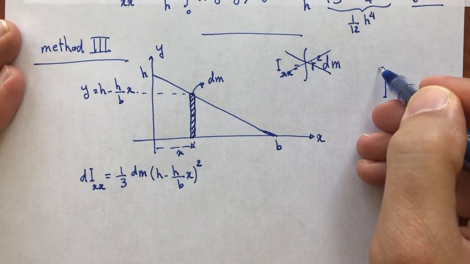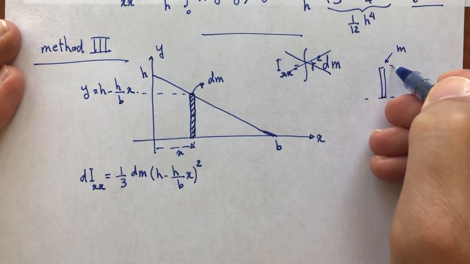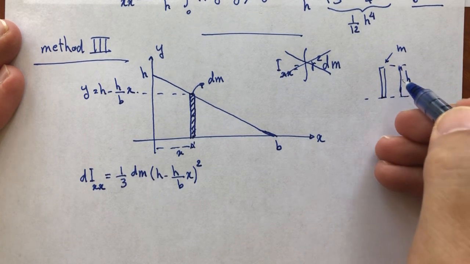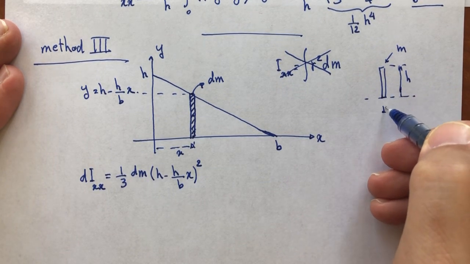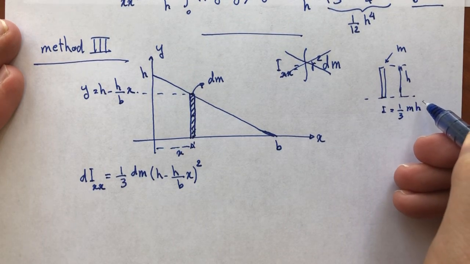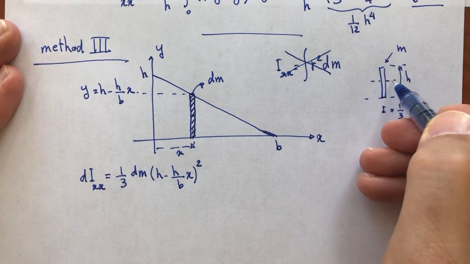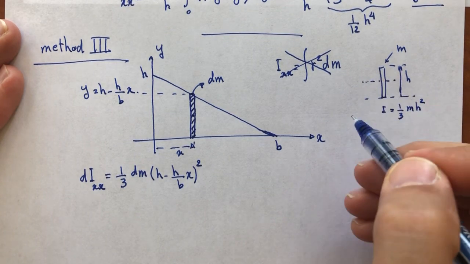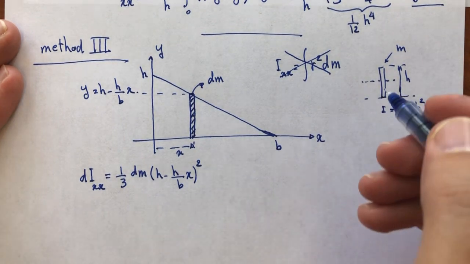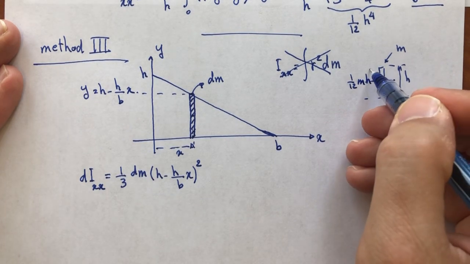We said whenever you have a rod with the mass of m and height of h, the mass moment of inertia about this axis is going to be 1/3 of mass times height squared. In the first example, we saw the mass moment of inertia of the same rod, about an axis passing through the center of it, is going to be 1/12 mass times height squared.